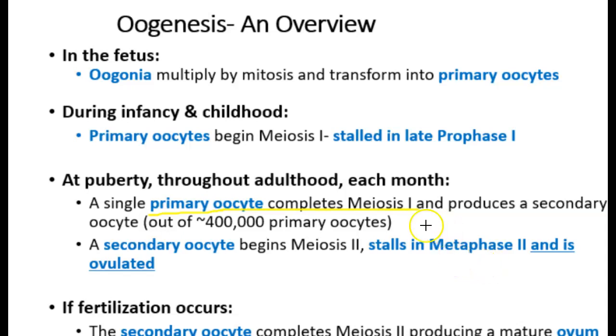And eventually we will get a secondary oocyte, but it's going to depend on which follicle becomes dominant. Which one goes all the way to the secondary oocyte stage, okay? The secondary oocyte that forms each month begins meiosis 2, and it stalls in metaphase 2.